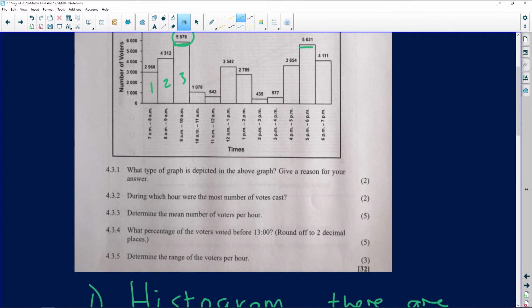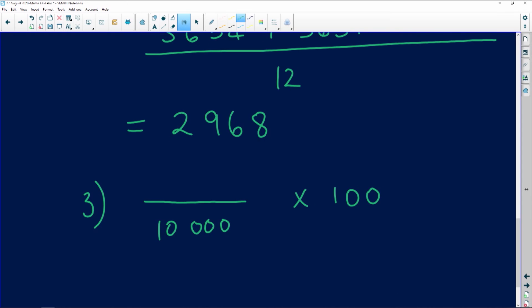So we can see that this is before 1. I need to add all of those numbers. For time's sake, I'm just going to say 3,500. Be super careful.